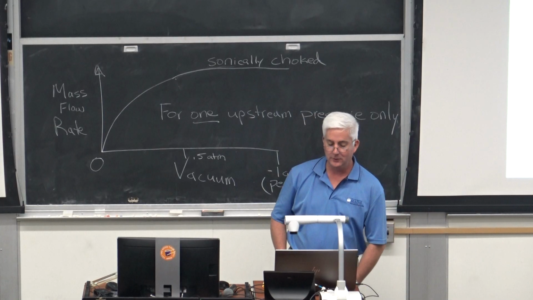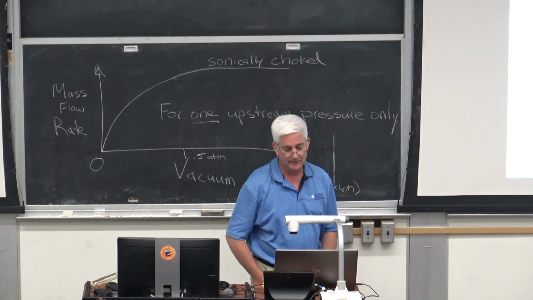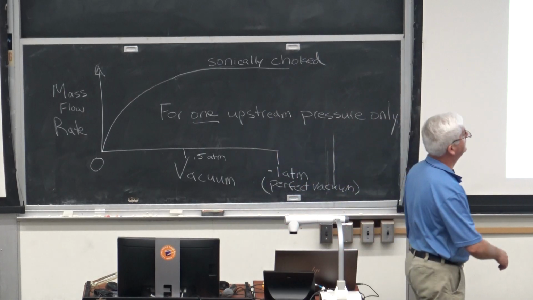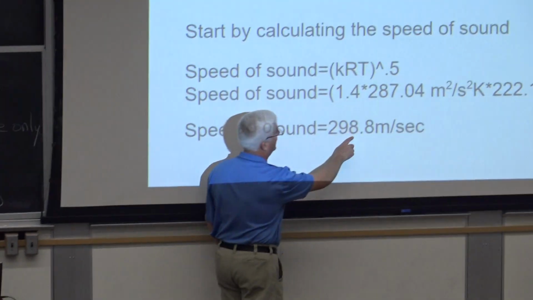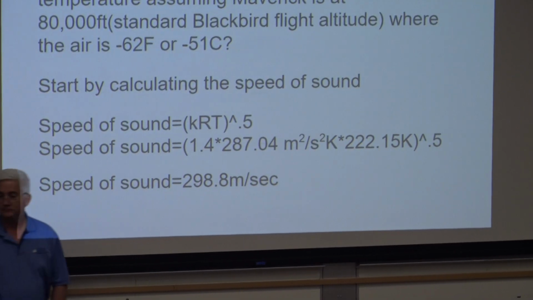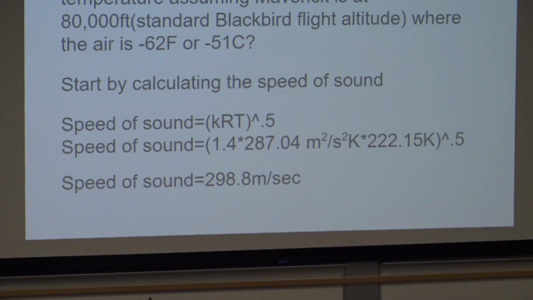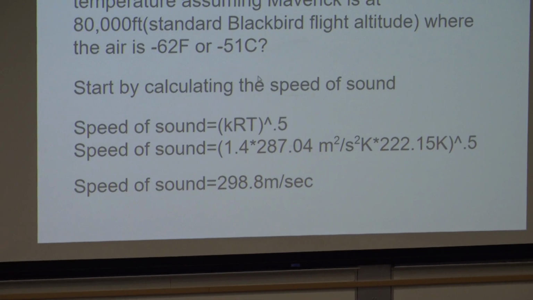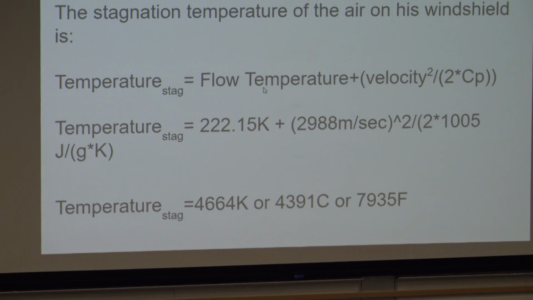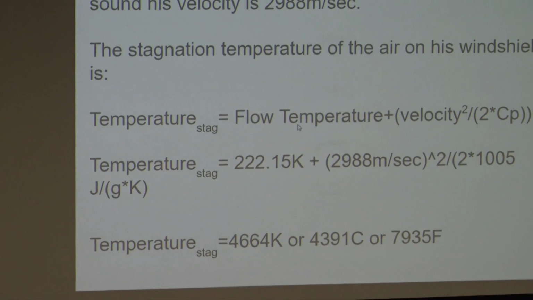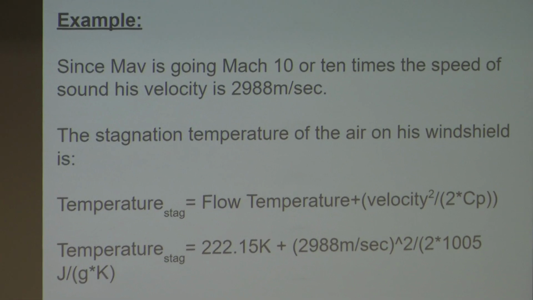We'll start off by calculating the speed of sound. The speed of sound comes out to 298.8 meters per second. If Mav is moving Mach 10, not Mach 1, you're doing just a tad under 3,000 meters a second.